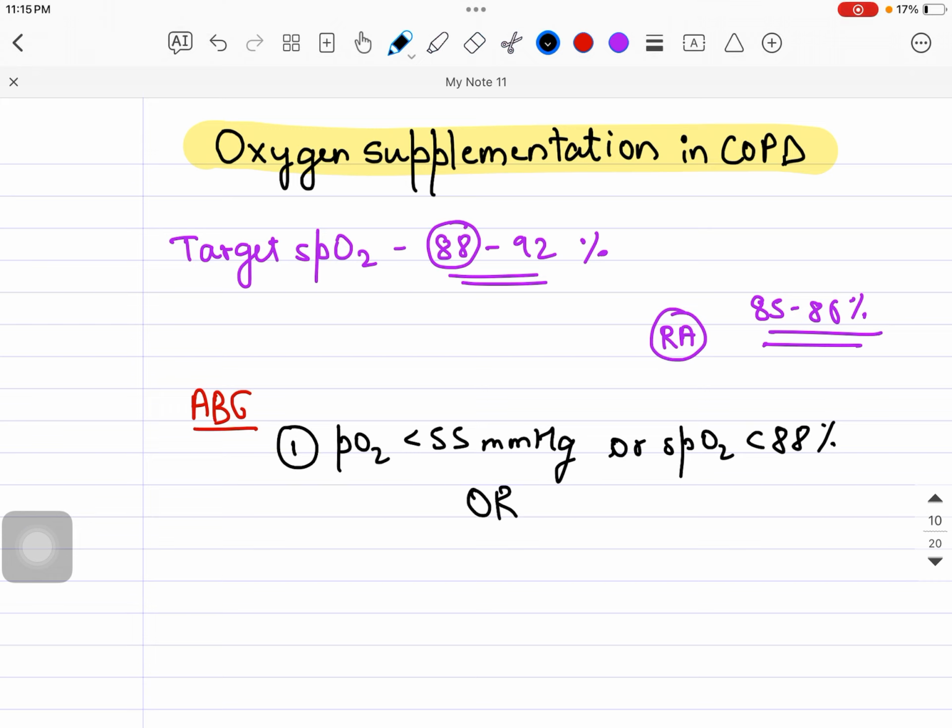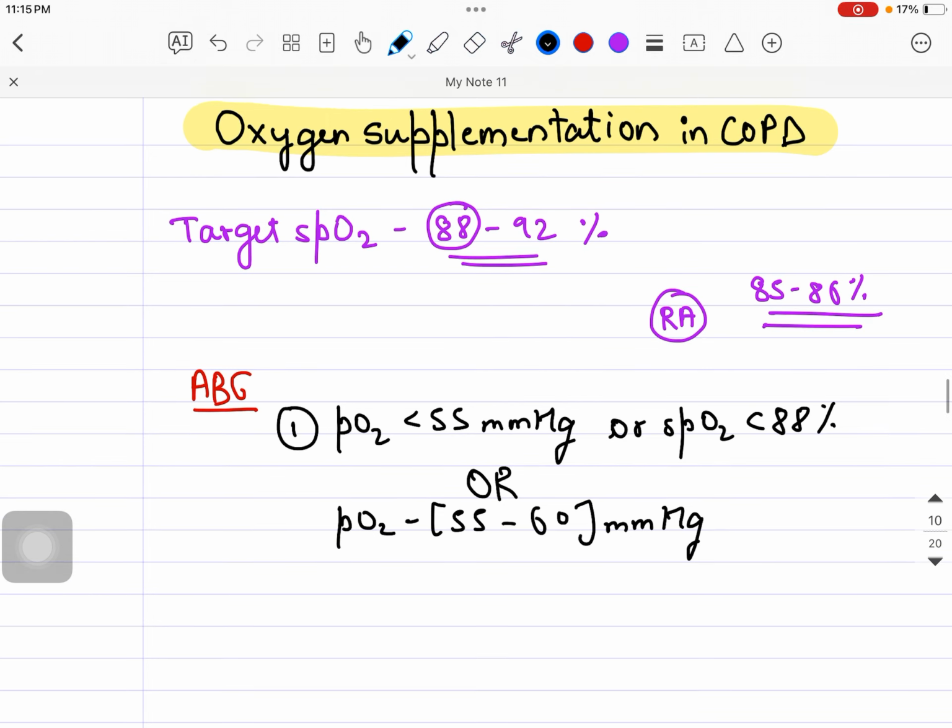Or if the patient's ABG shows a PO2 value of between 55 to 60 mmHg, right, along with right-sided heart failure or cor pulmonale features, right?